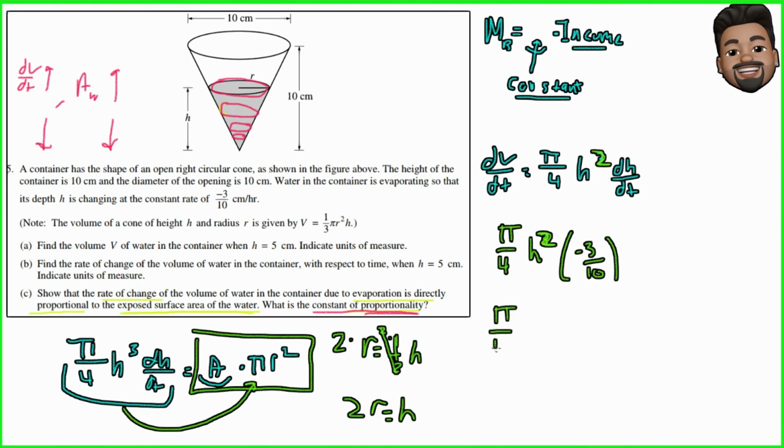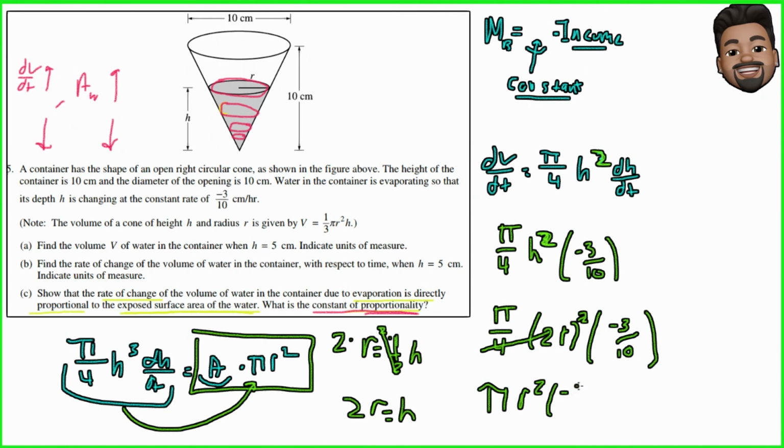Pi over 4, this is going to become (2r) squared, times negative 3 over 10. Okay, 2 squared is 4, and then this is r squared. Since 2 squared is 4, it's going to cancel out with this right here, and we're going to get pi r squared times negative 3 over 10. Now check this out.